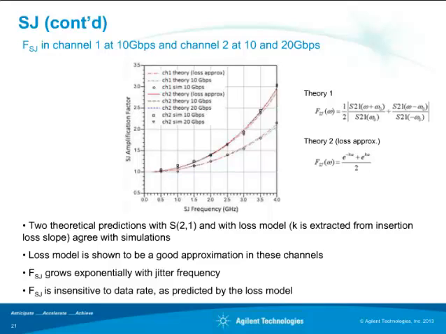With that, you can see the amplification factor: the omega 0 term is cancelled out, and what's left is only the SJ frequency. But that is only true for SJ, and for DCD and RJ, it is solely determined by the data rate.